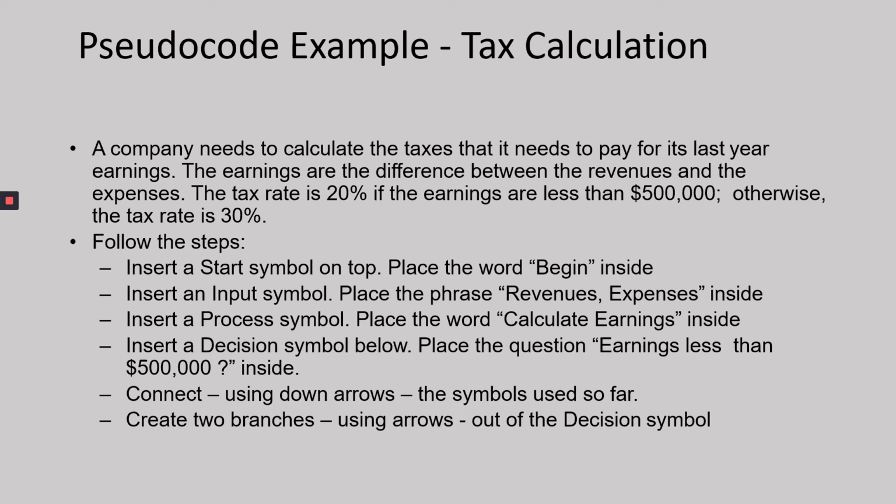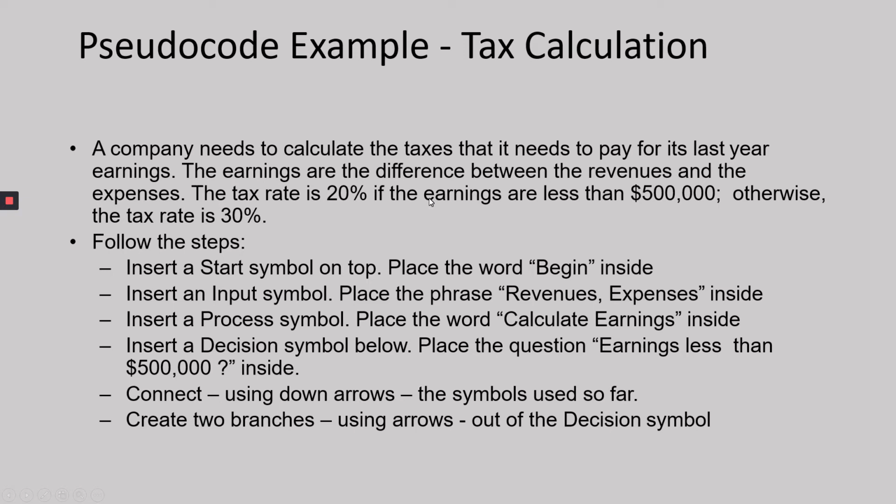I'm going to keep going, so feel free to pause. It said a company needs to calculate taxes to pay for last year's earnings. If the earnings, the difference between the revenues and the expenses, is less than this number, the tax rate is gonna be 20%. Otherwise, the tax is gonna be 30%.